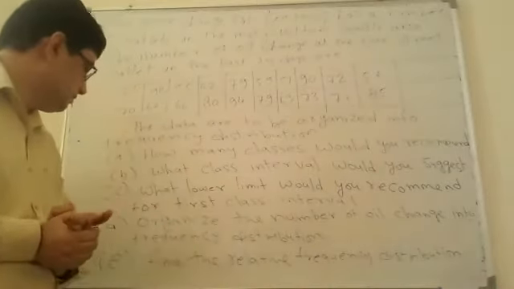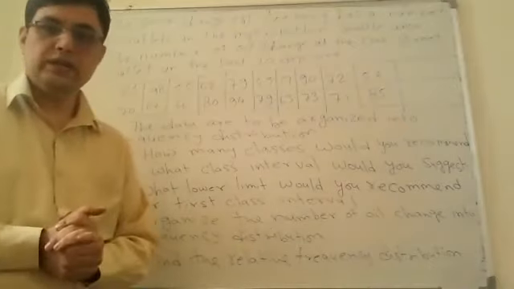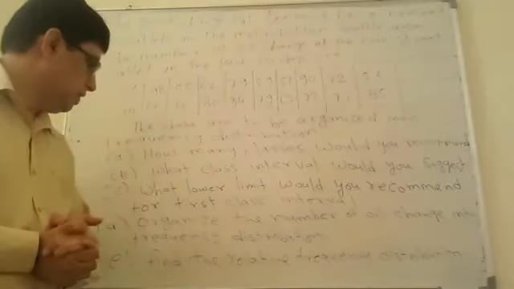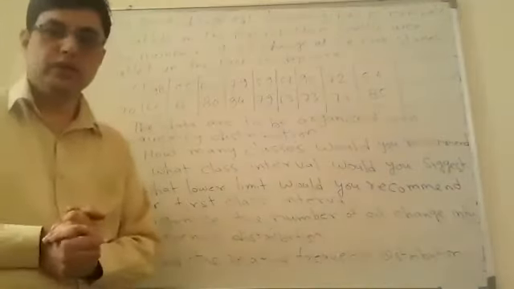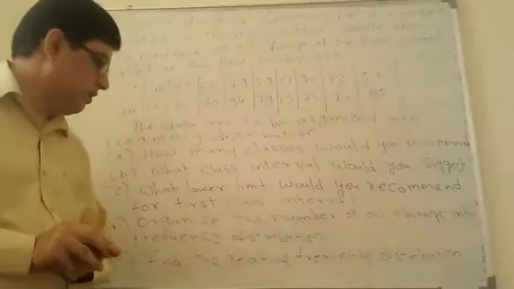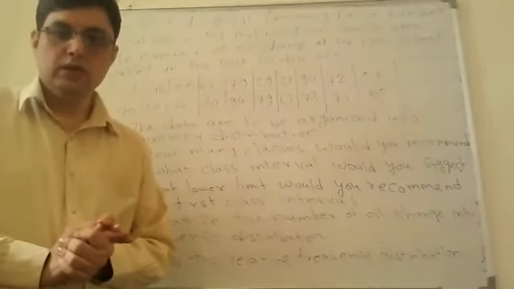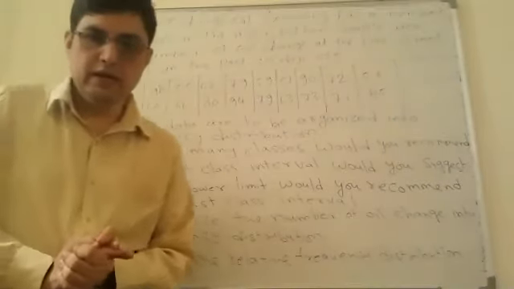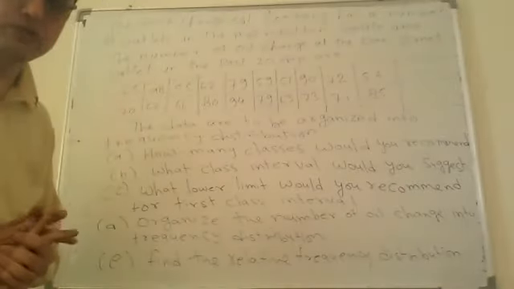The third, what will be the lower limit for the first class interval? The fourth one, to arrange in a frequency distribution, and the last one, to find the relative frequency distribution for all classes. So in that process, we just read this question.